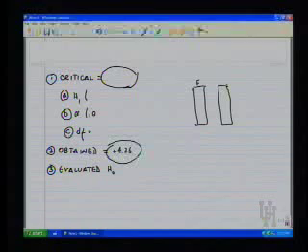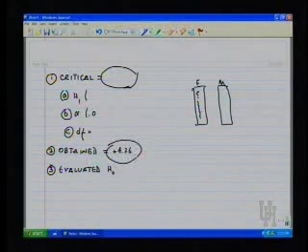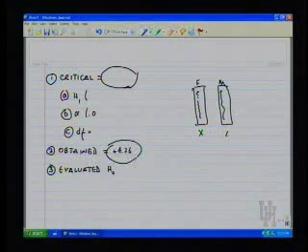We sample from a population of males and females. We secure the females' verbal scores, the males' verbal scores. We compute means for the two groups and standard deviations for the two groups.